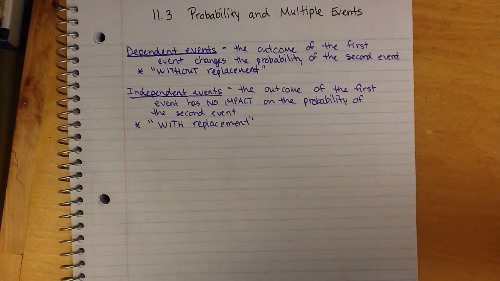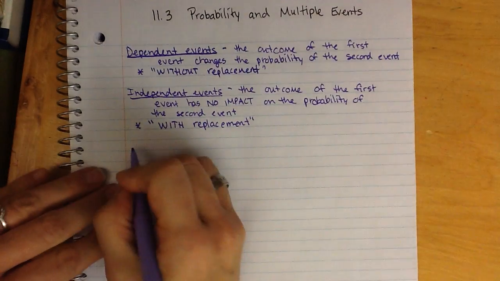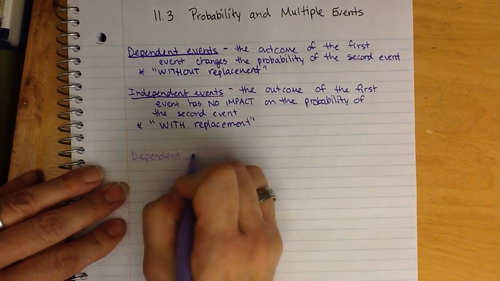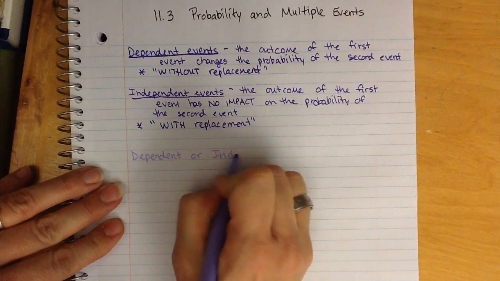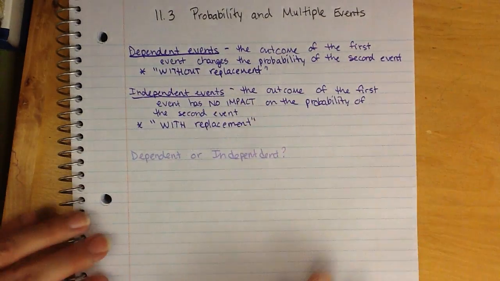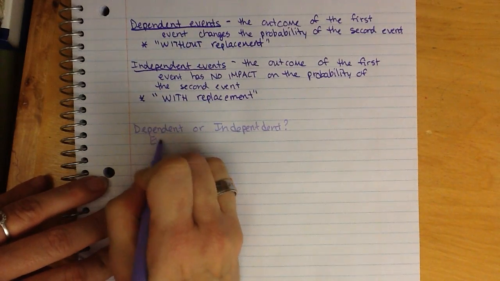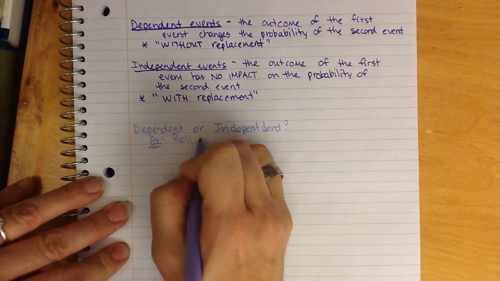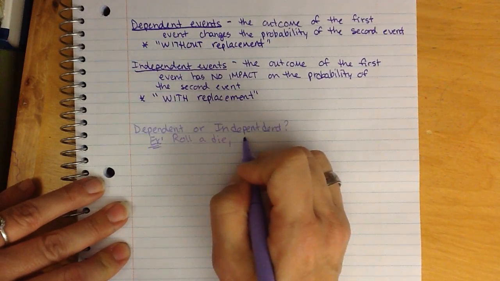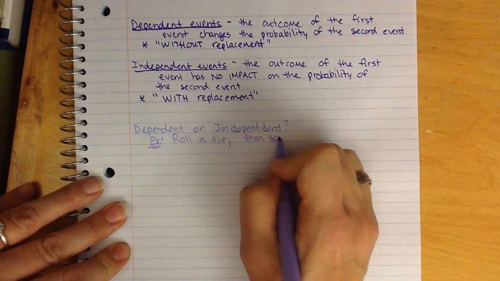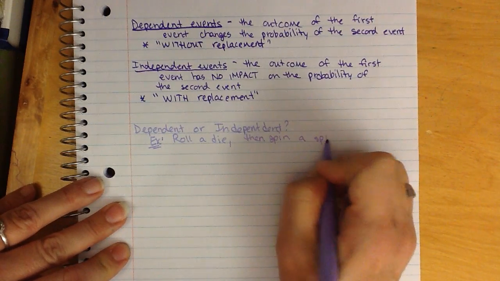So let's look at some examples and say if they are dependent or independent. Let's say I roll a die for my first event and then spin a spinner for my second event.